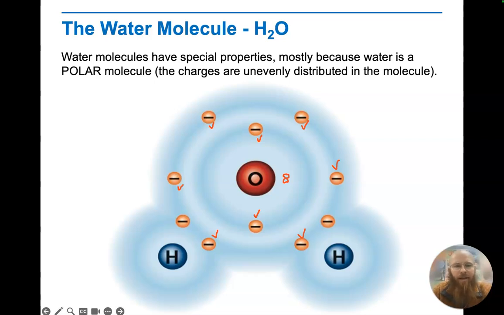Now, in the first layer, I can hold 2. In the second layer, I can hold up to 8. And atoms really like to be stable, and we achieve stability by having full outer shells of electrons. Right now I've only got 6 out of 8. And so I can technically occupy 2 of those blank spaces if I have atoms surrounding me that enable me to do so.